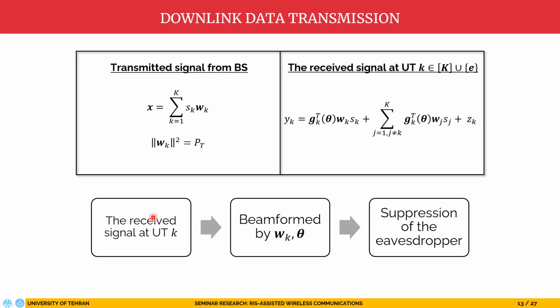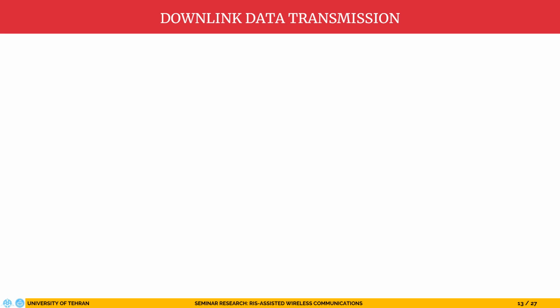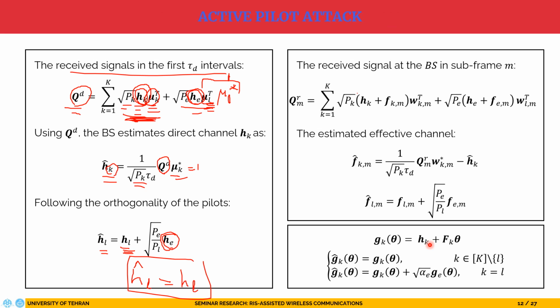So the receive signal at UTK being formed by WK theta, the goal is suppression of the active eavesdropper. So by tuning this WK precoding vector for user K and theta of the IRS, we intend to suppress the active eavesdropper in this case. Okay.